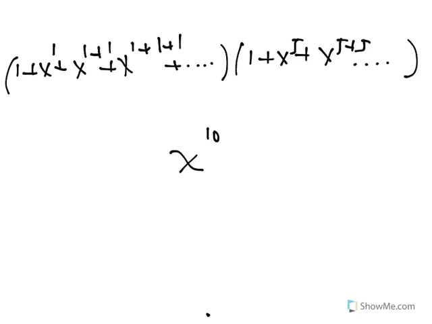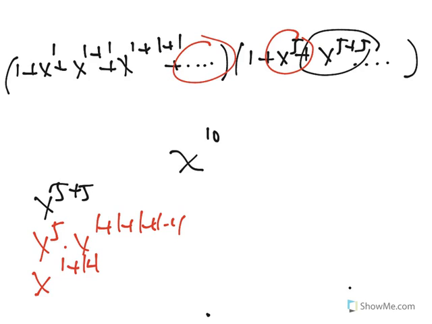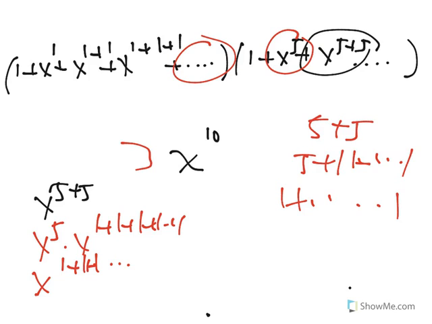Well, when I look at this, I could get x to the 10th with this guy, or with this guy together with some x to the 1 plus 1 plus 1 plus 1 plus 1. Or I could use all 10 ones. Basically, it's the ways of writing 10 as the sum of 1s and 5s.